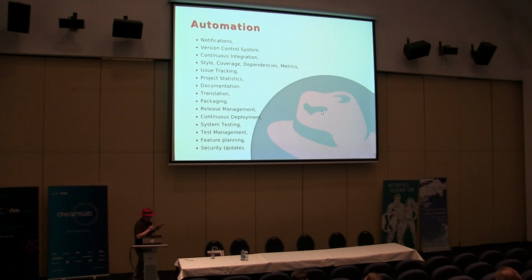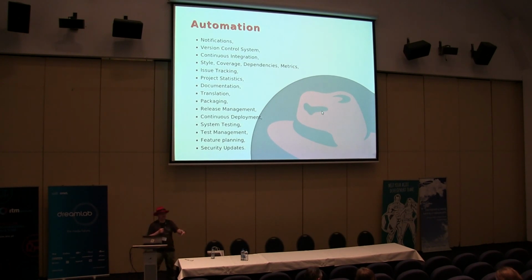Okay, so code review system is a great point of automation. It's a great point where you can plug in all of your automation that checks your code. It's not just, of course, you want notifications so that people know, okay, this patch you reviewed a week ago, there is a new version of that, and please re-review it.